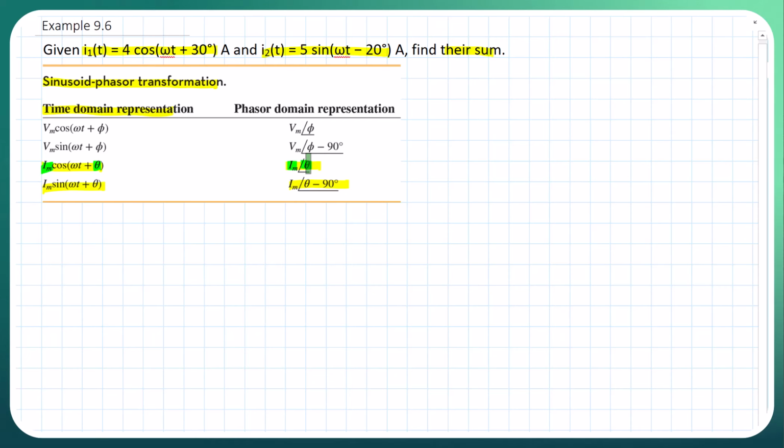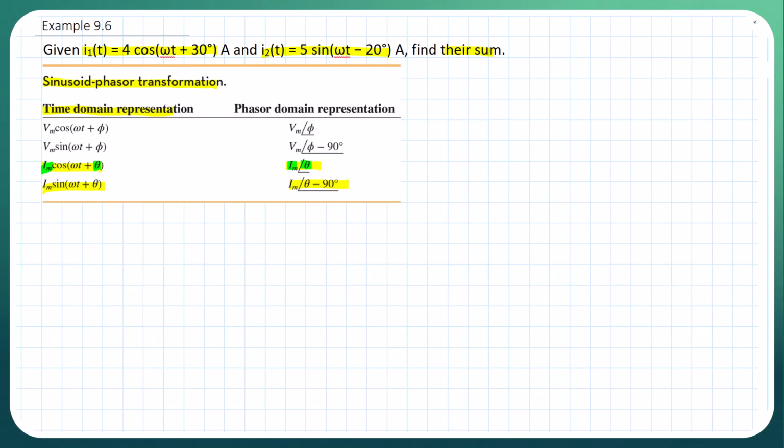Right? So let's take a look at what we have. This is essentially the table that we're going to use to simplify this mathematical operation between the two currents. A couple other things I want to mention, I'll write them down as we go, but let's start with the first one here.